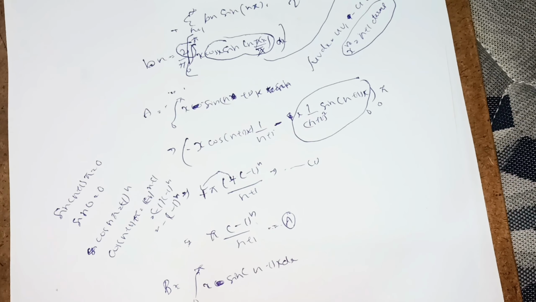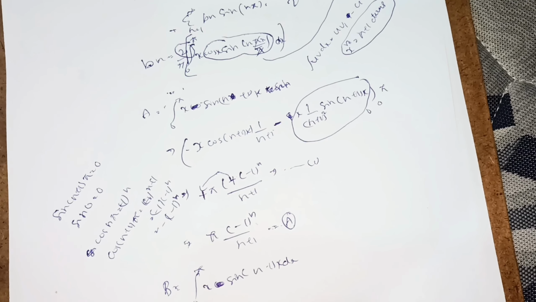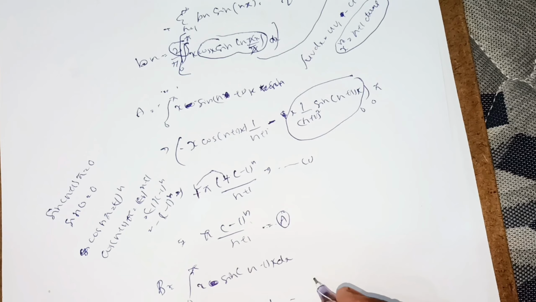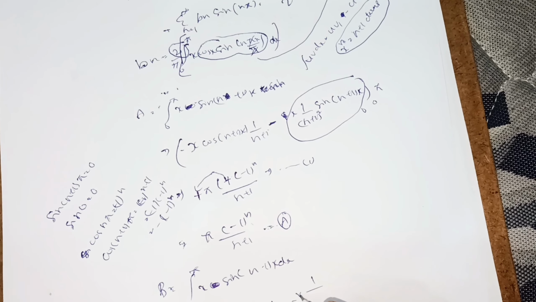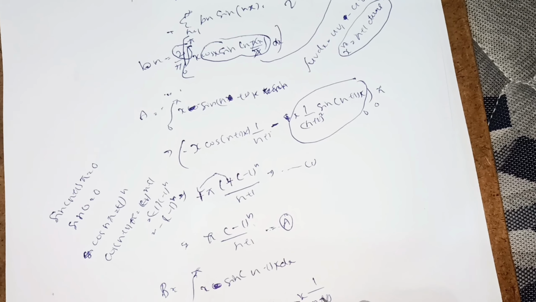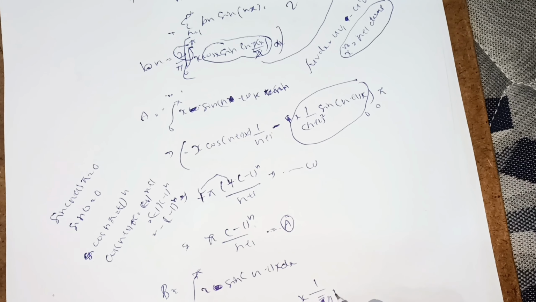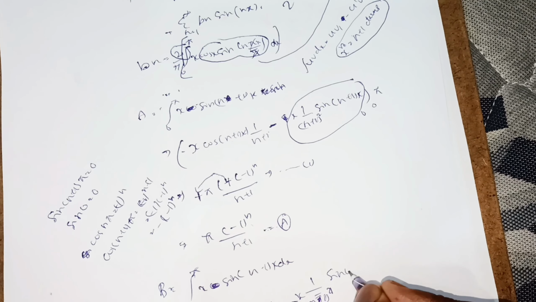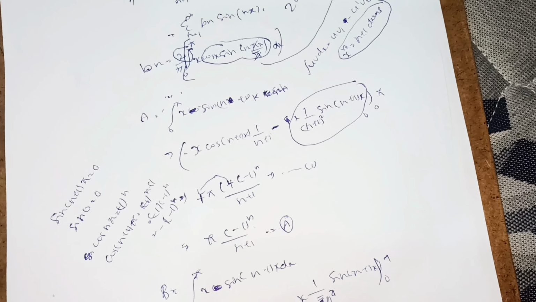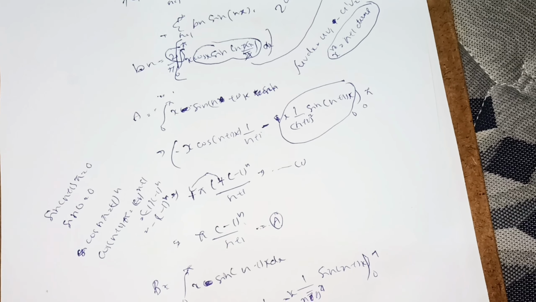So here minus x cos of n minus 1 into x by n minus 1, minus this term, minus x by n minus 1 whole square, sine of n minus 1 into x, under the limit 0 to pi.